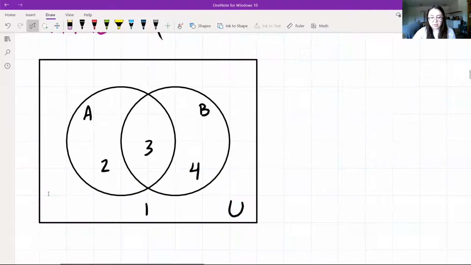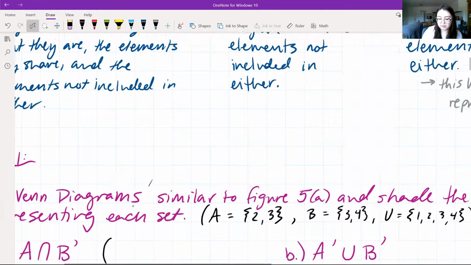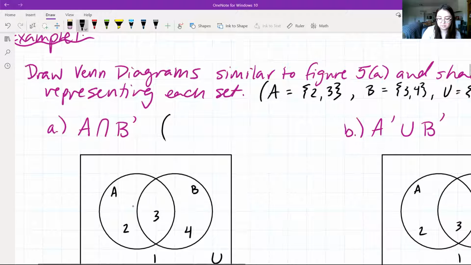Since B contains 3 and 4, and the universal set is 1, 2, 3, and 4, B complement is just going to be 1 and 2. So B complement is equal to the set of 1 and 2.